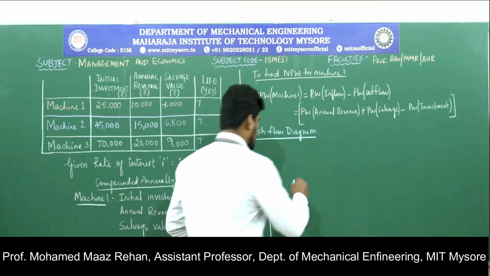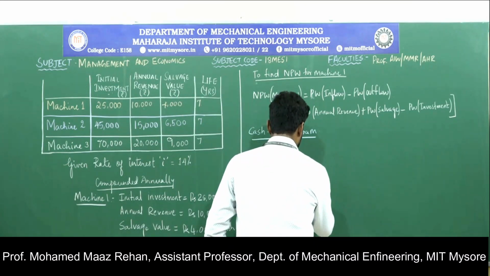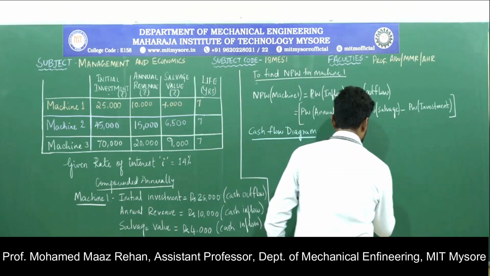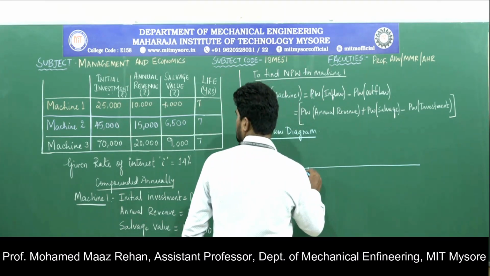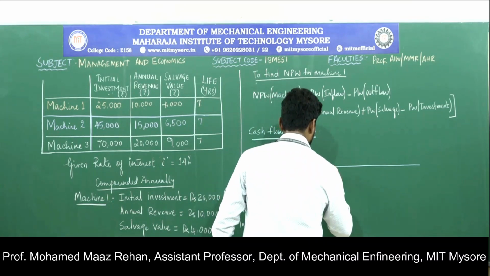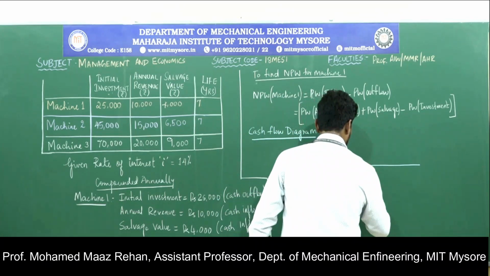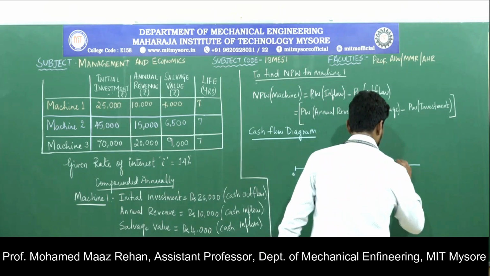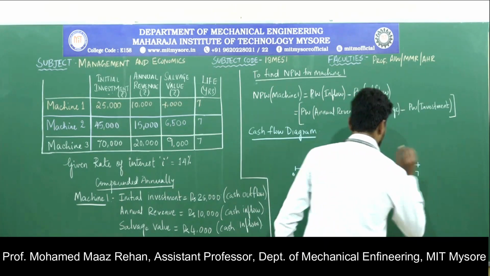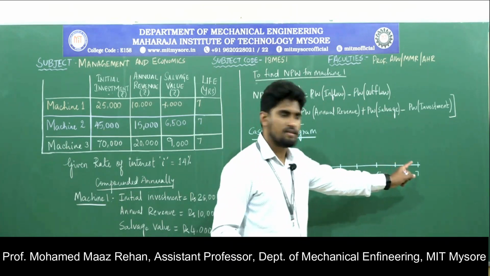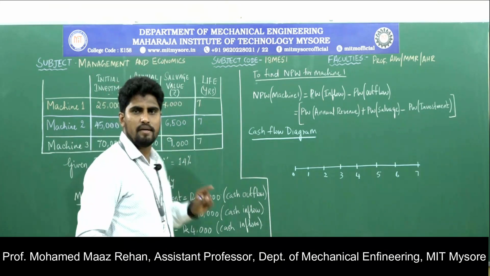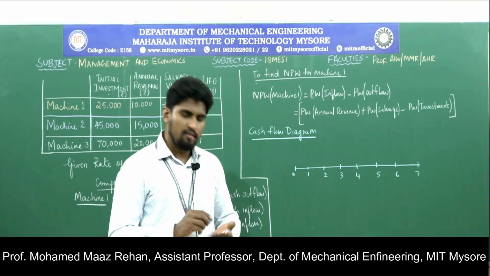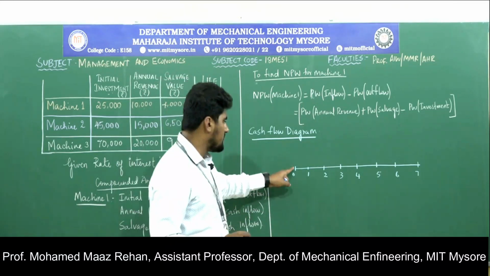So the number of years they have given is 7 years: 0, 1, 2, 3, 4, 5, 6 and 7. Next, the initial investment. Initial investment is at time 0.